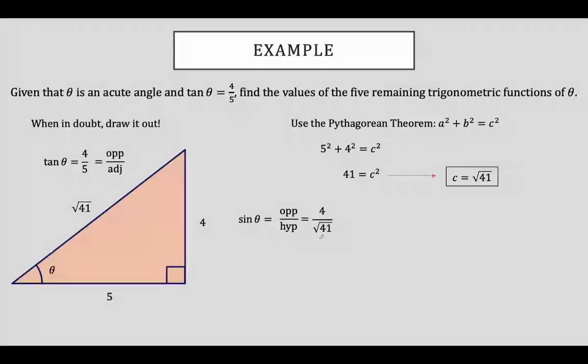Now, we never want to leave radicals in the denominator of a fraction, and so in this case, we want to rationalize our answer. We can do this by multiplying by root 41 over root 41. Notice we are allowed to perform this operation because this is the same thing as multiplying by 1, which just does not change our value at all, giving us 4 root 41 divided by 41 for our final answer.